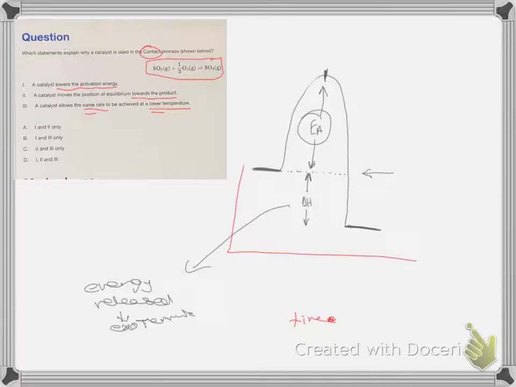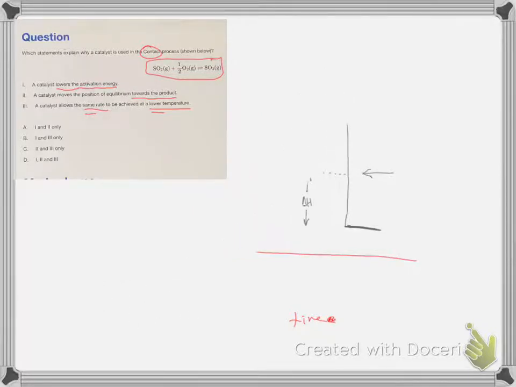Okay, and with that being said, there are factors that can make the reaction go faster, or lower the activation energy, hence making the reaction go faster. We have learned four factors that affect the rate of reaction.